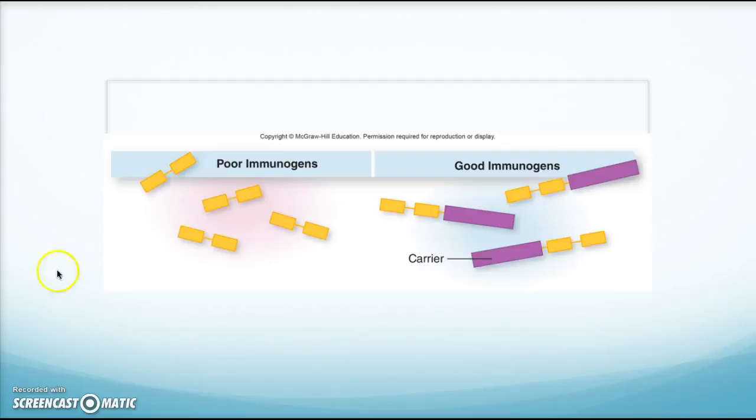So in this case, you can see this is just a poor immunogen, it's very small and it's repetitive subunits. But if we add it to a carrier molecule that makes it seem larger, and it is then unique as that epitope on it, that's what would actually cause a reaction.